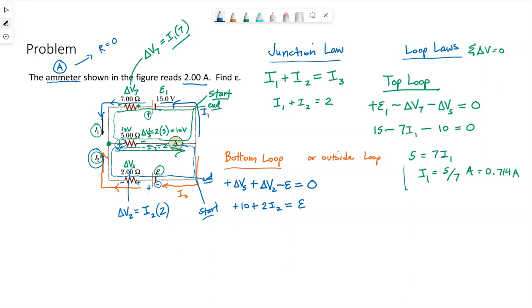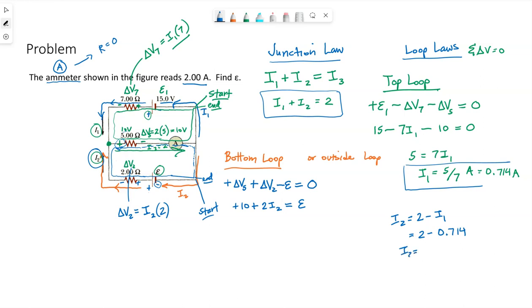We have figured out I1. Now notice our junction rule, I1 and I2 had to add up to be 2 amps. So I2 is going to be 2 amps minus I1. So 2 minus the 0.714, I2 is going to be 1.28.